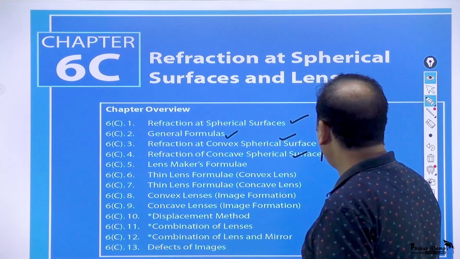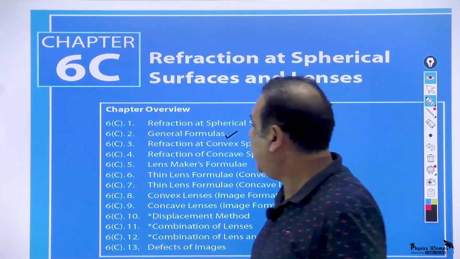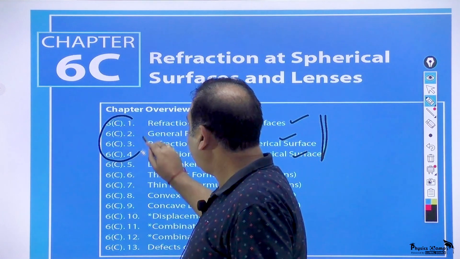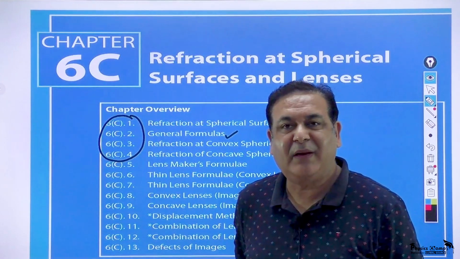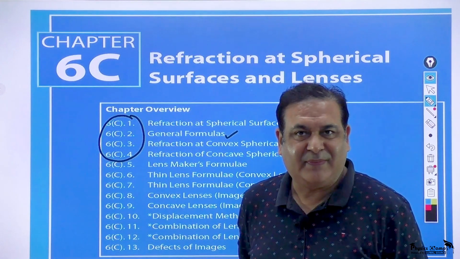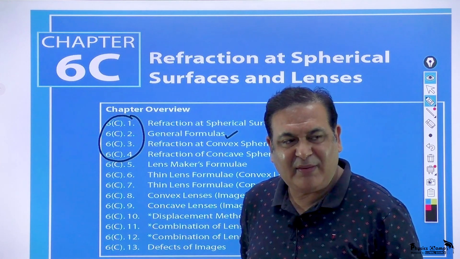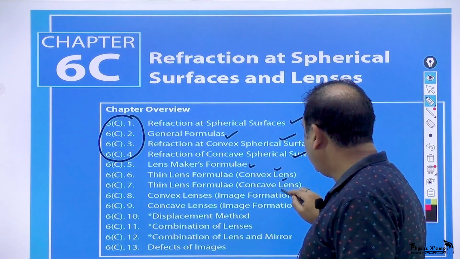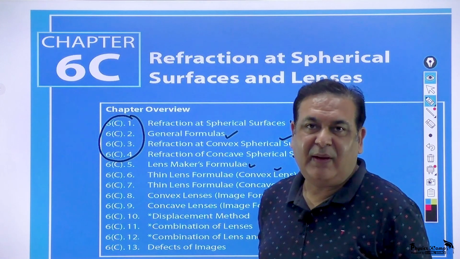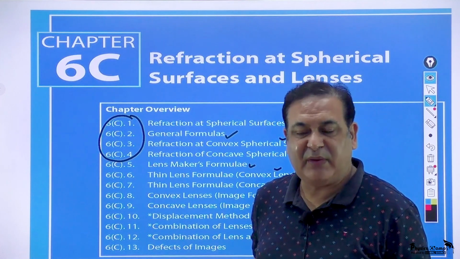So these four parts, 6C1, 6C2, 6C3 and 6C4, are something which you have never studied in optics in prior classes. It is an intermediate stage, you can say, between the basic laws of refraction and the lenses. So before I come to the lenses, we will be discussing these spherical refracting surfaces.